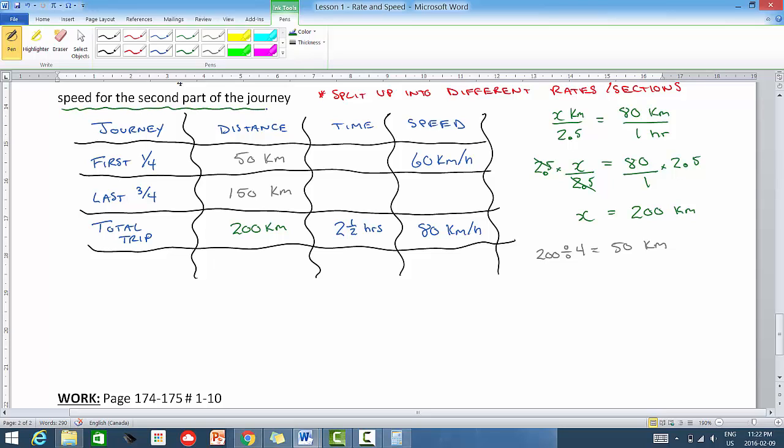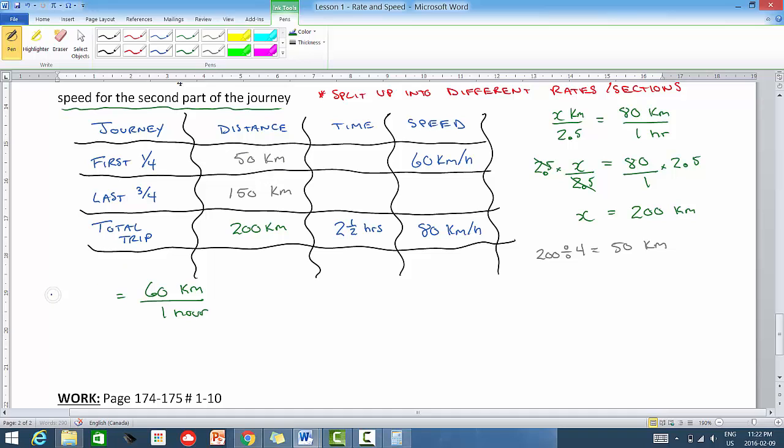So at this point, why don't we look at the time taken for the first part of the journey. We'll set up our ratio again: 60 kilometers in 1 hour equals, and we're going to put our distance in here as well.